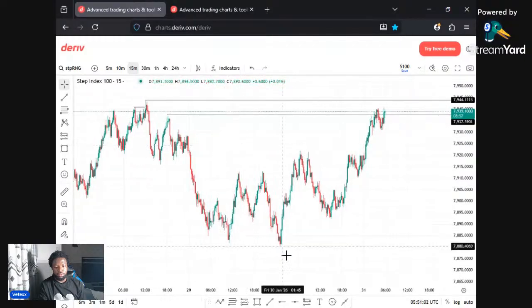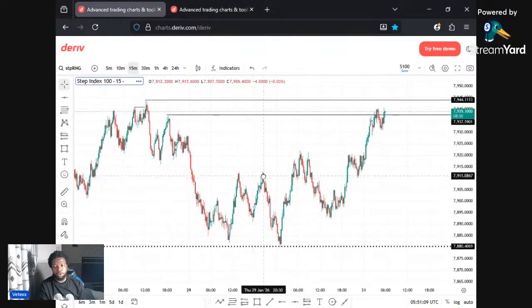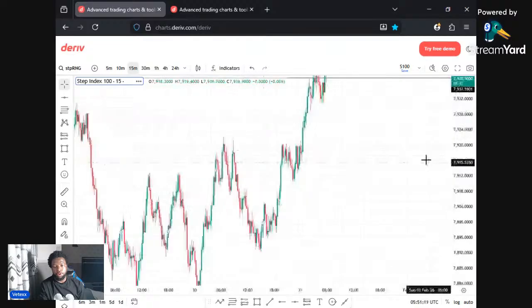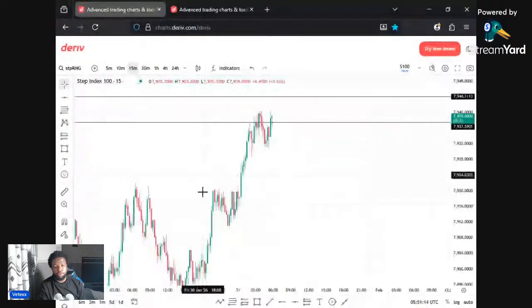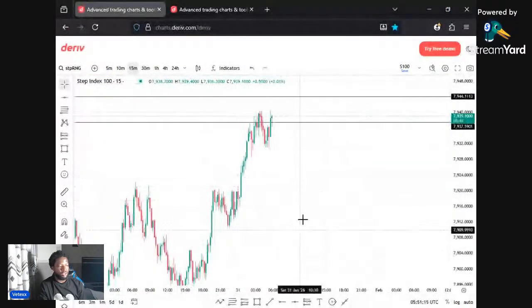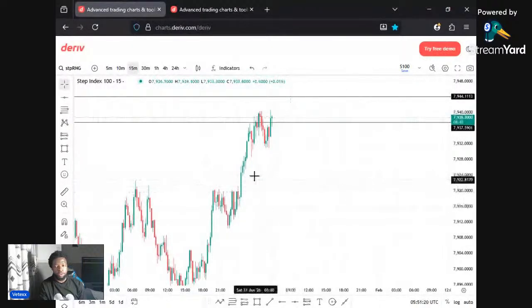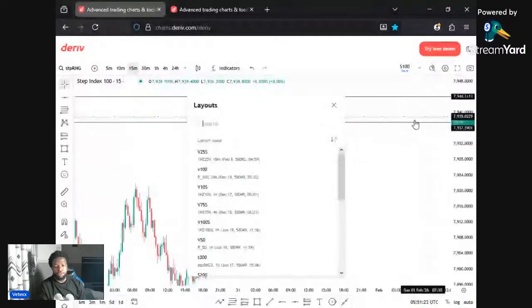Nothing yet. So this is the finish point here. So we are going to be anticipating a continuation on this Step 100. It should give us one on the 15 minutes, and we are going to take it. If it doesn't, we are going to keep anticipating more of that.